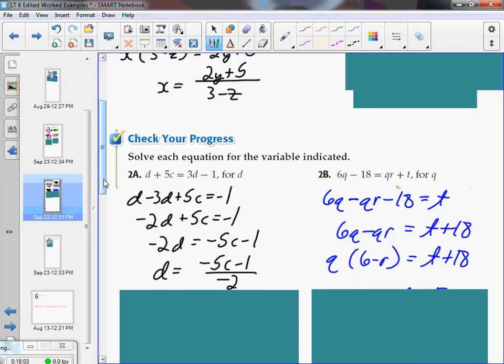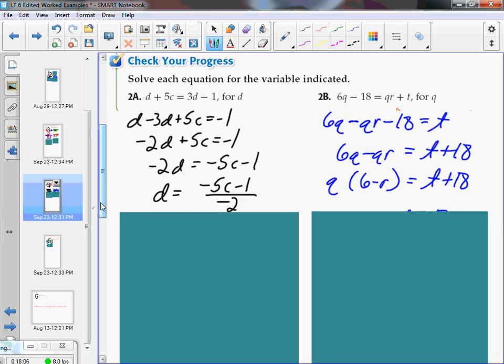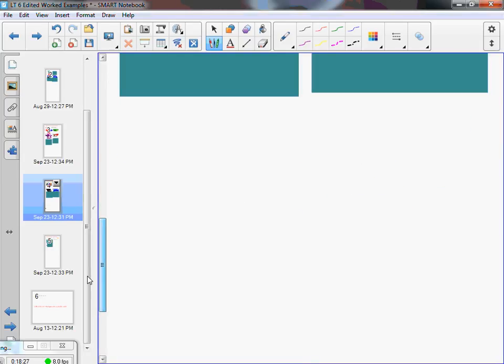So take a look at each of those and see if those make sense to you. Any questions on either of those? And then I think that's everything there.